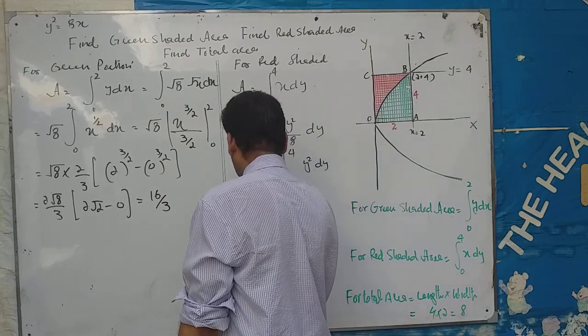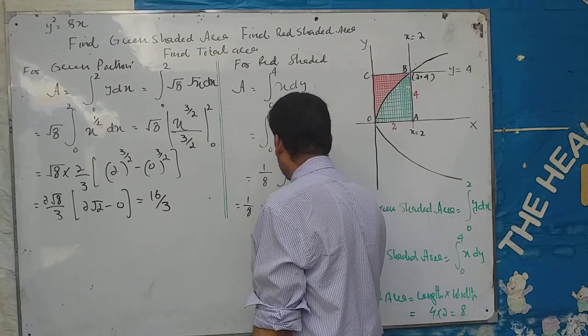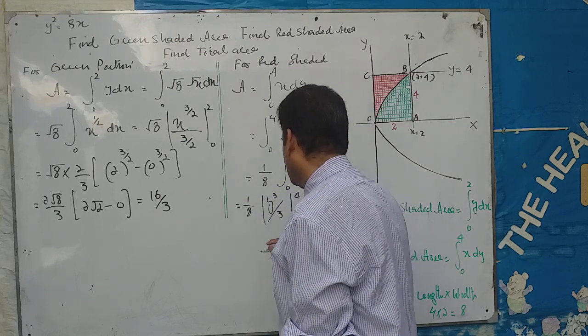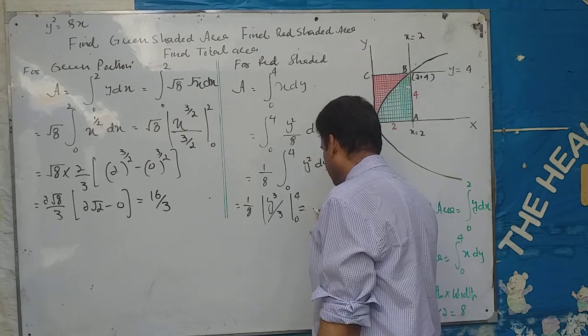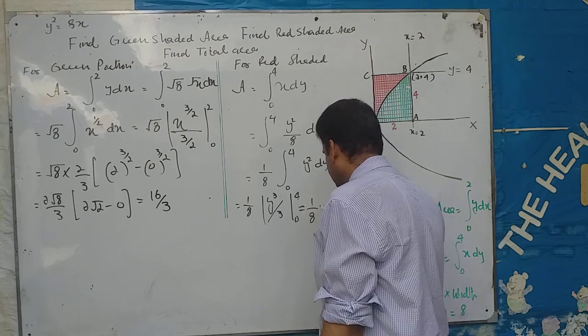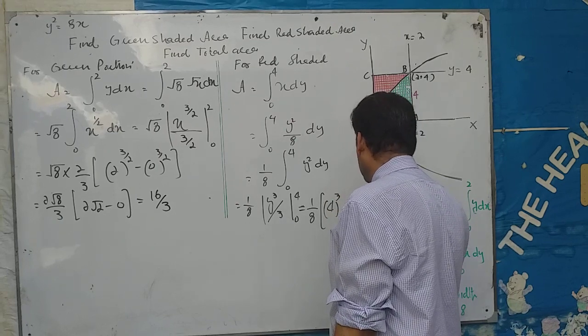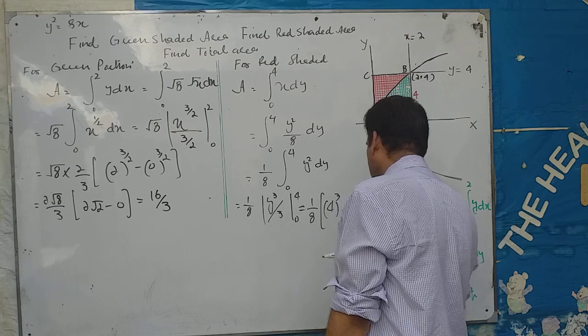Its integral is y cube by 3, from 0 to 4, which is 1 by 8 times 4 raised to power 3 minus 0 raised to power 3.